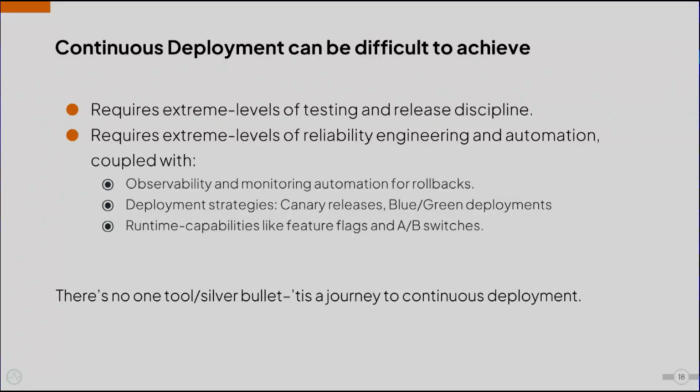What that basically means is you need extreme levels of discipline, extreme levels of automation, and a whole bunch of ancillary tools around your release pipeline to make sure things are tested for regression and correctness. And once you merge something or go ahead with an automatic production release, you have automated observability and monitoring tools in place that can also reverse and roll back in case something happens.